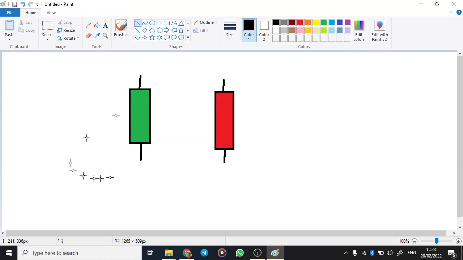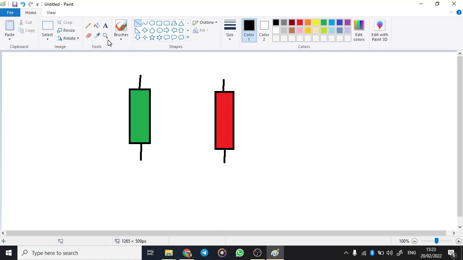If this candlestick shows upward movement or appreciation of value, and this one shows depreciation of value or downward movement, how do we see price?